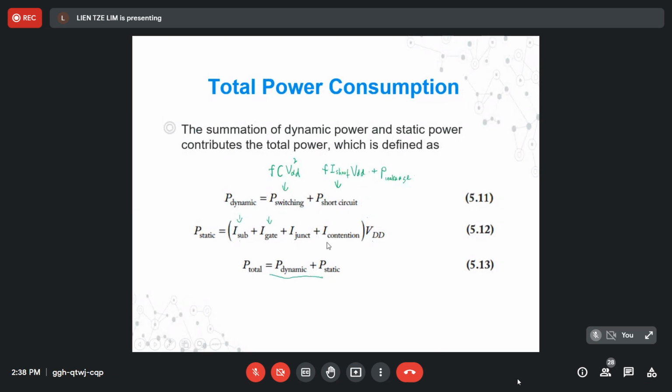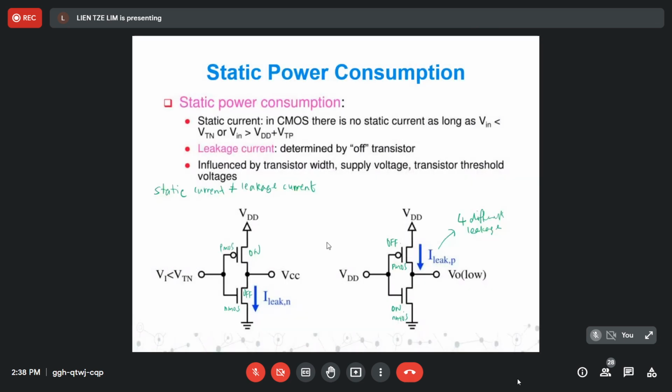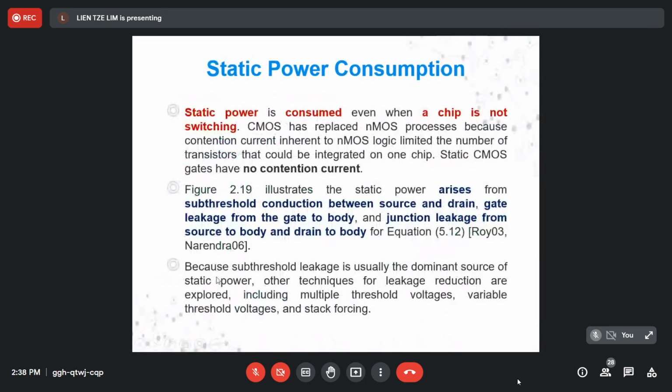It refers to this formula. Because subthreshold leakage is usually the dominant source of static power, other techniques for leakage reduction are explored, including multiple threshold voltages, variable threshold voltages, and stack forcing.